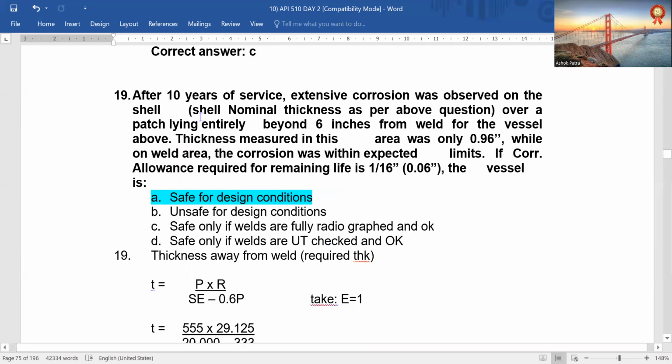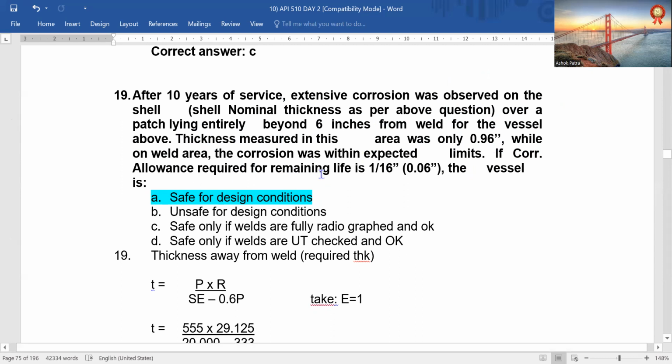After 10 years of service, extensive corrosion was observed on the shell. Shell nominal thickness as per above question. Patch lying entirely beyond 6 inches from the weld. For the vessel above, thickness measured in this area is only 0.96 inch, while the weld area and corrosion are within expected limits.